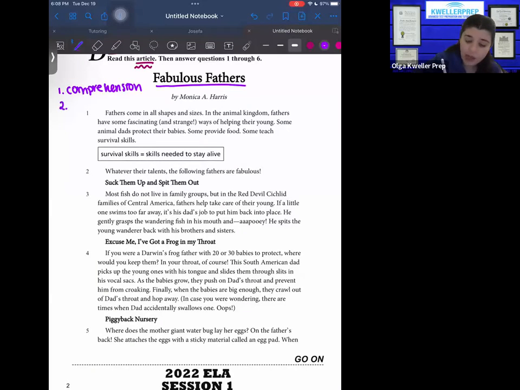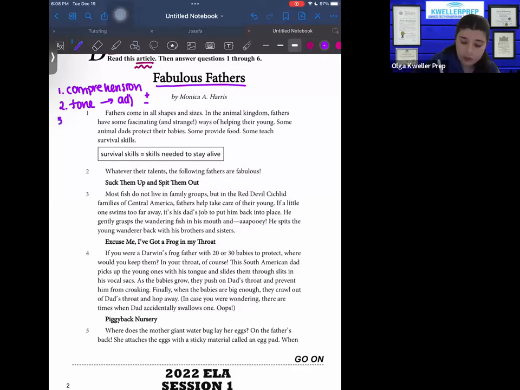Another important thing as you're reading is to think about the tone. So is the tone positive? Is the tone negative? Oftentimes, I teach my students to look at the adjectives and try to put little positives or negatives on top of the adjectives to see if they are positively connoted words or negatively connoted words. So tone is another important aspect of this.